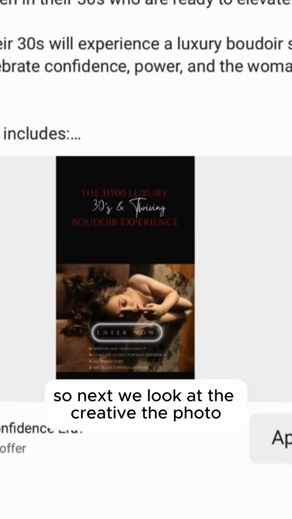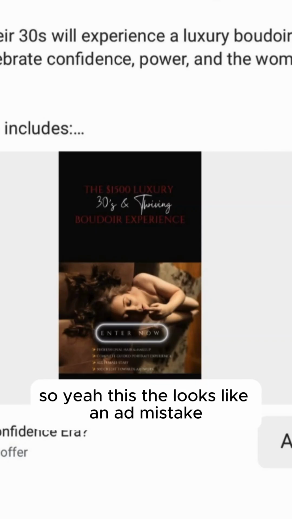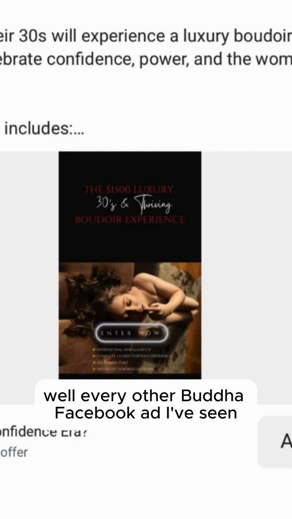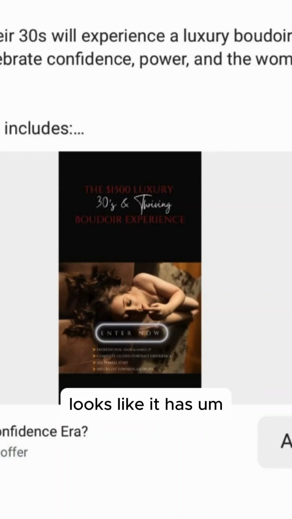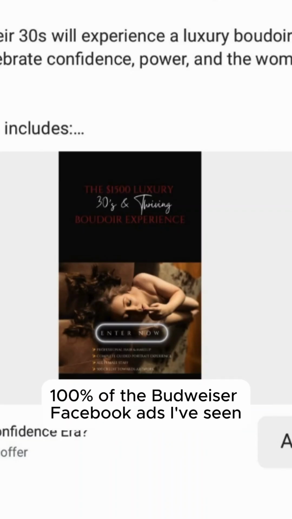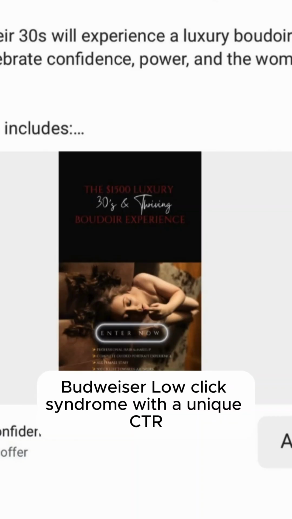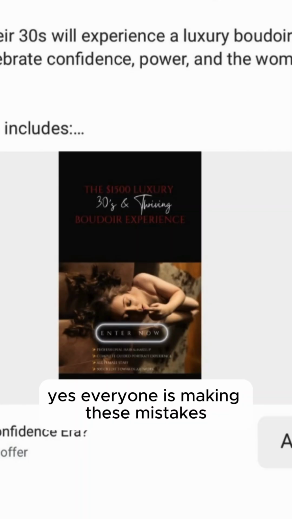Next, we look at the creative, the photo. So yeah, this looks like an ad mistake. The false belief that caused us to make this mistake is, well, every other Boudoir Facebook ad I've seen looks like an ad. So everyone can't be wrong, can they? Well, 100% of the Boudoir Facebook ads I've seen the back end for, and that I've pulled in and tested myself, have had BLCS, Boudoir low click syndrome, with a unique CTRL under 6%. So everyone is making these mistakes.